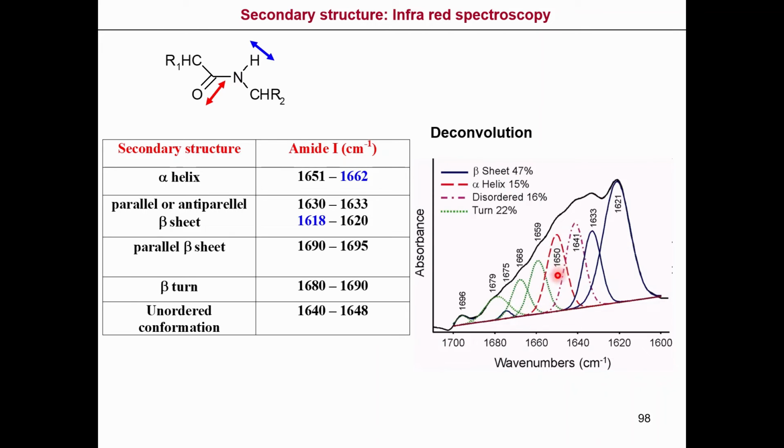You have a band at 1650 here, which corresponds to the alpha helix, and the computer can give you the percentage of alpha helix in this protein. You have disordered conformation, and you have 22% of turn. Okay, because you have a high percentage of beta sheet, you will have a high percentage of turn.